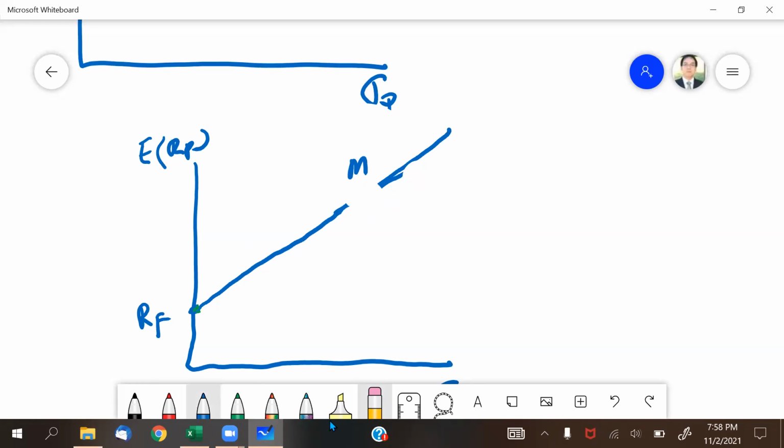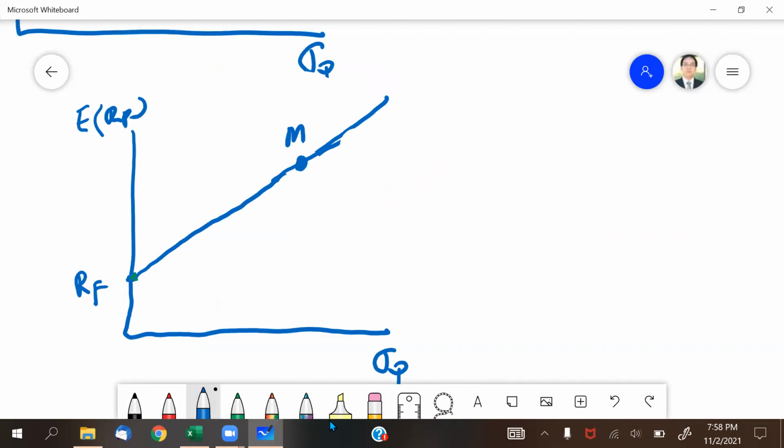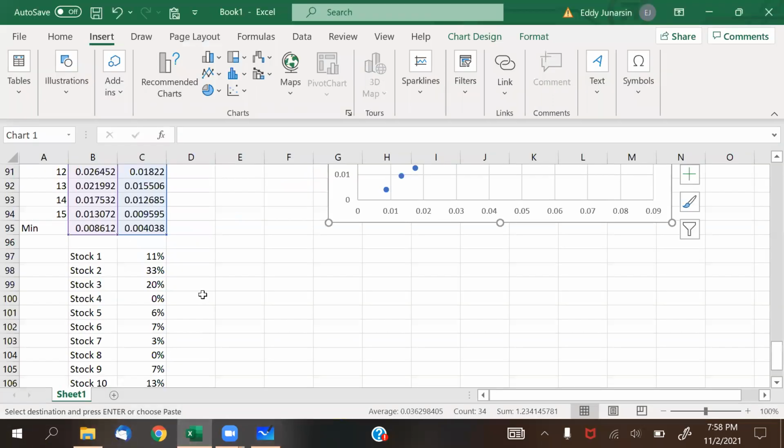Okay. So we are going to find the M, the optimum market portfolio. And this line is called CAL, capital allocation line. Another name for it is a capital market line. So capital allocation line or capital market line. Okay, so we'll do it in Excel.